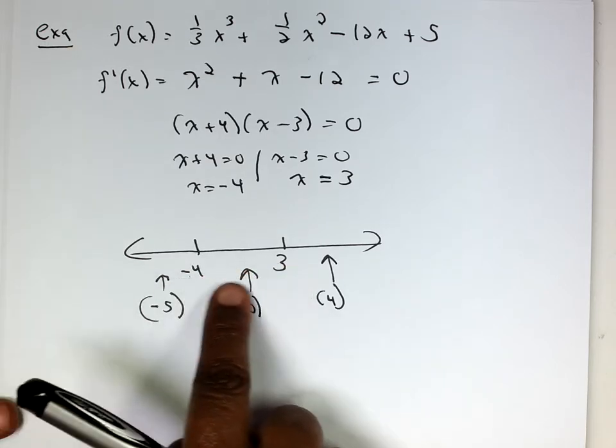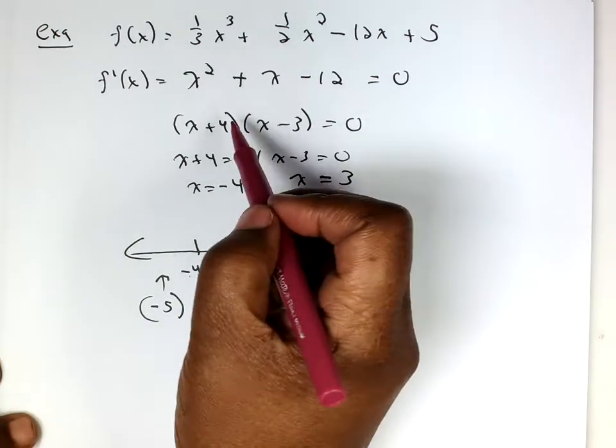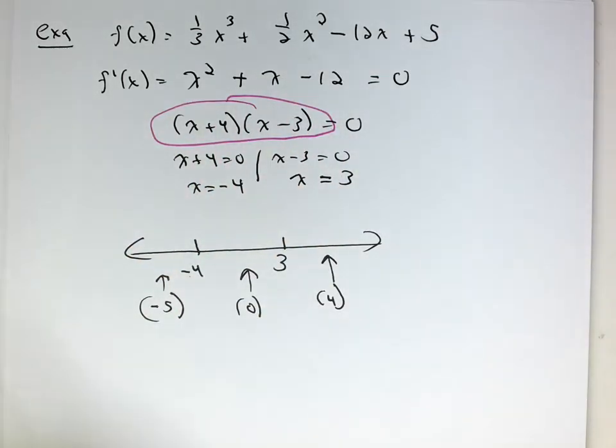These values, the critical values, are the only place where you could possibly change from increasing to decreasing. So I don't have to worry about the graph changing directions anywhere else. This is it. These tell me all the places where it's possible. So when I plug in -5, I'm going to plug it into here just because I can do the calculations a little bit easier in my head.